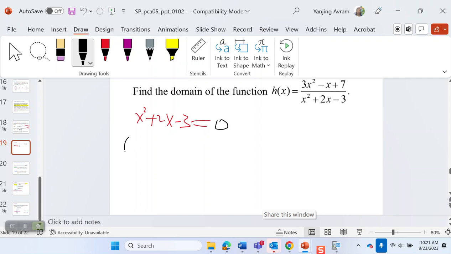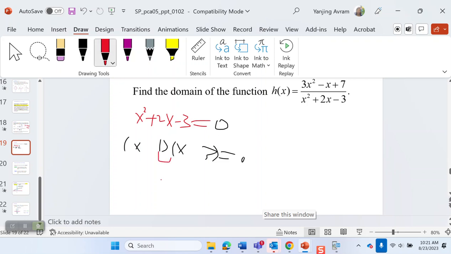Well, we can do the factoring very quick. So now you can see factoring is so important. All right, so we factor x squared into x and x, okay? And then we factor negative 3, you can factor into 1 and 3, okay? Which one needs to be positive, which one needs to be negative?